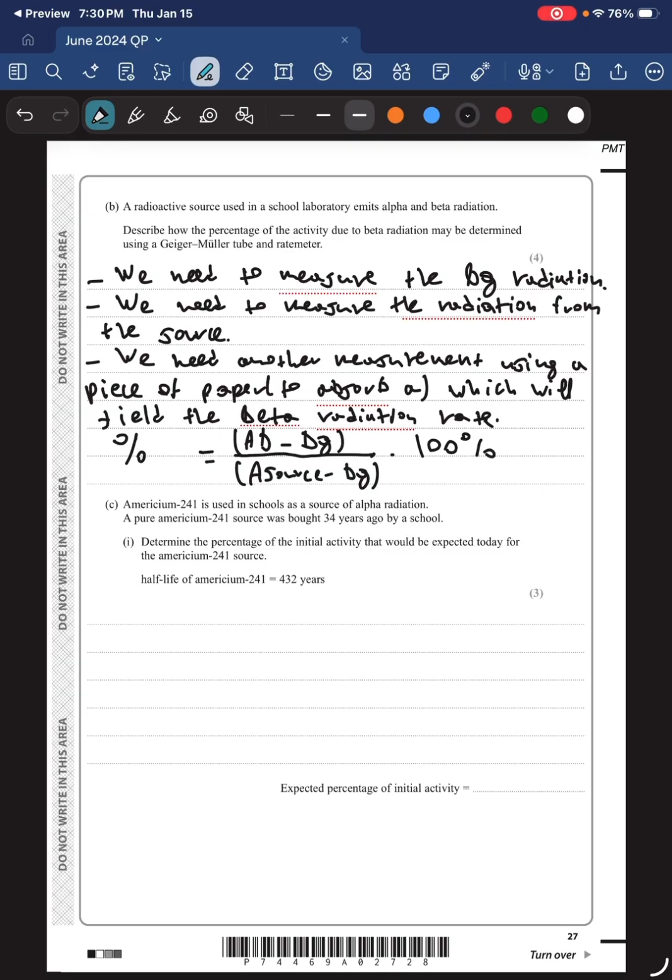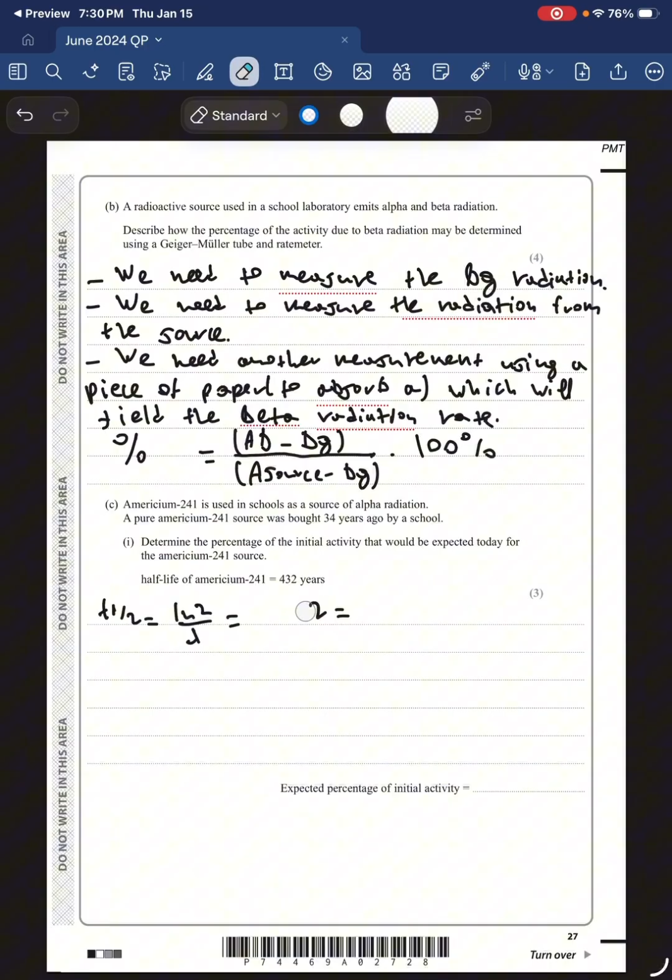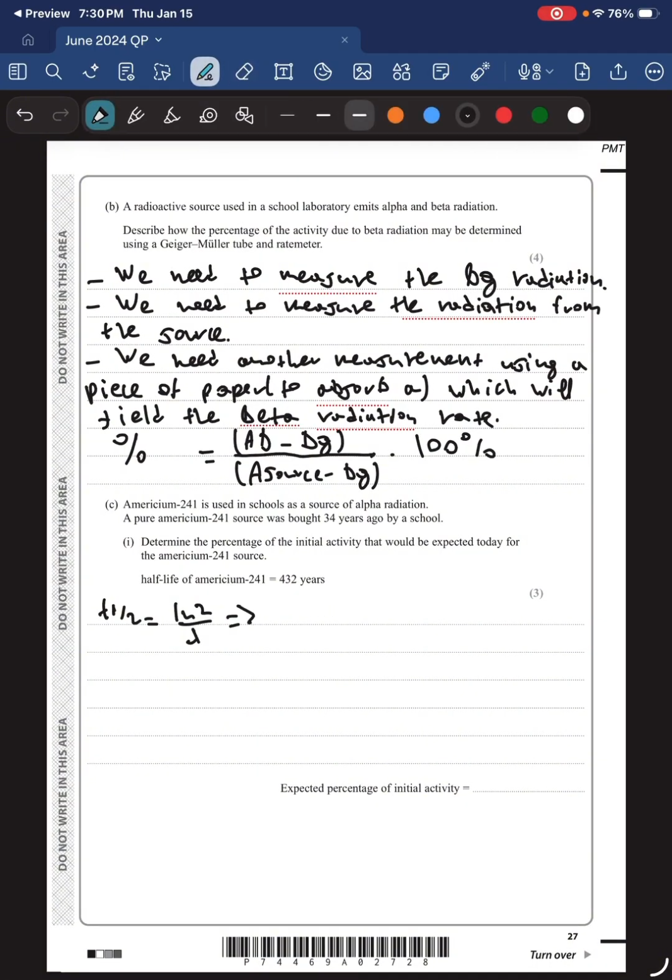So from the half-life we can find tau, the decay time. T1/2 is ln of 2 over lambda, which is equal to tau times ln of 2. I confused myself. What did I do wrong here?